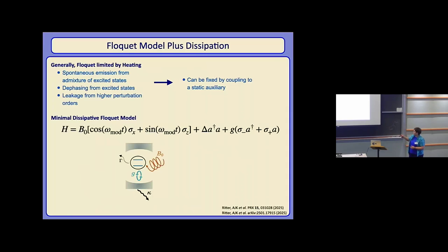And now there are two decay rates in this problem. There's the atomic decay rate gamma, and there's the cavity decay rate kappa. And they're fundamentally qualitatively different in this picture because the Floquet model is admixing the atomic ground and excited states.